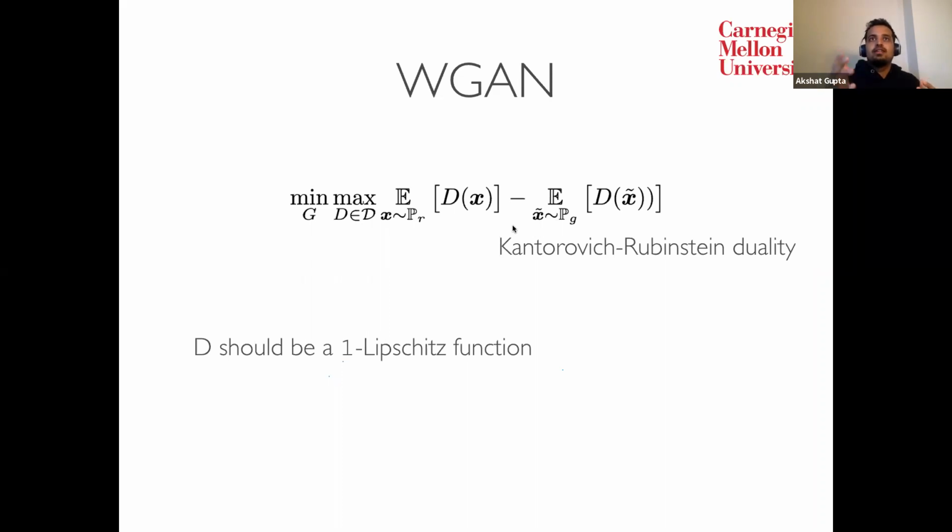A constraint that needs to be put on the discriminator is that the discriminator should be a one Lipschitz function. Does anyone know what a one Lipschitz function is?